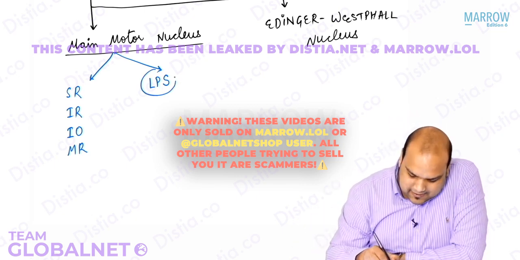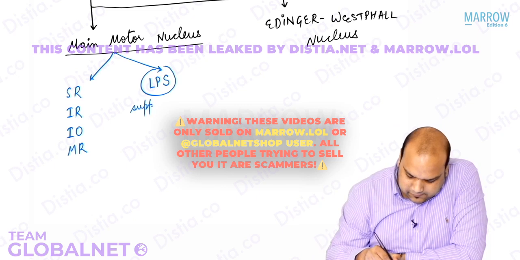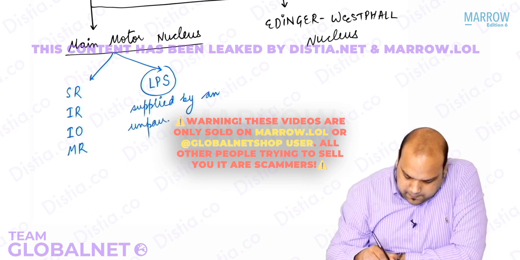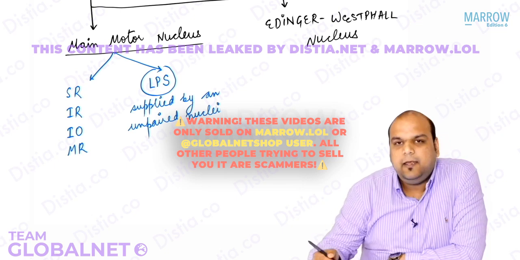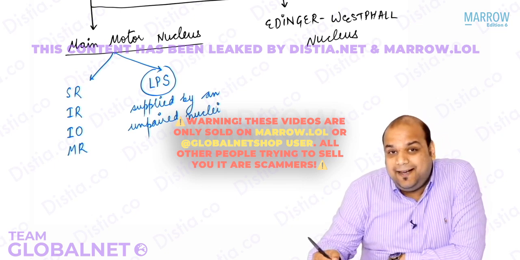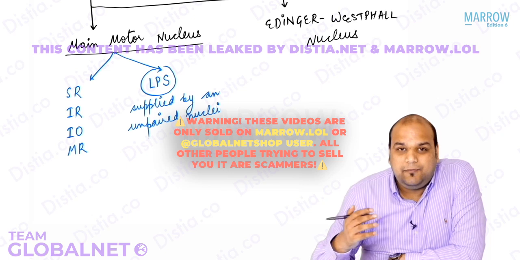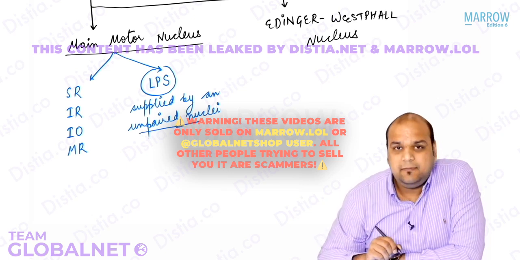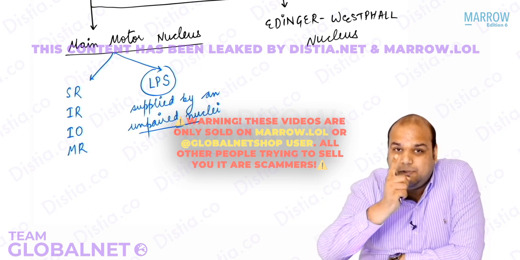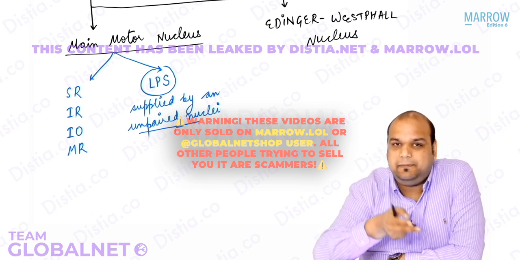Now, why have I written levator palpebrae superioris as a single there? Because LPS is supplied by an unpaired nucleus. It's a lot of English, double meanings, that's all. Unpaired nucleus means that there is only a single subnucleus for both the LPS.